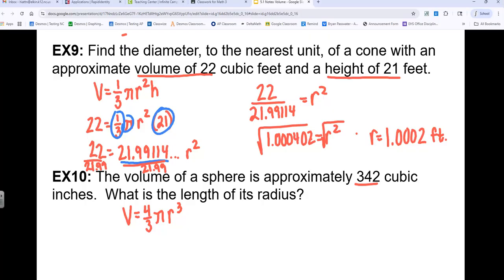What did I do wrong on number 9? The denominator, or diameter. It asked for diameter. What did I give? Radius. What should I do to get the actual answer? Multiply it by 2. It should be 2.0004 feet.